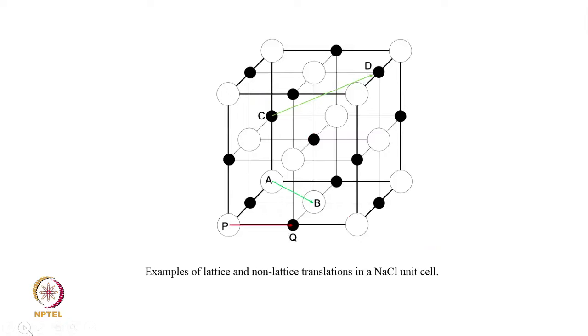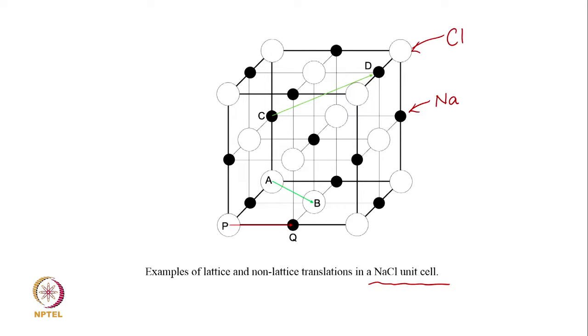So, let us look at some lattice and non lattice translations here. Is PQ a lattice translation? This is a sodium chloride unit cell. You can assume these to be chlorine and these to be sodium. Is PQ a lattice translation?